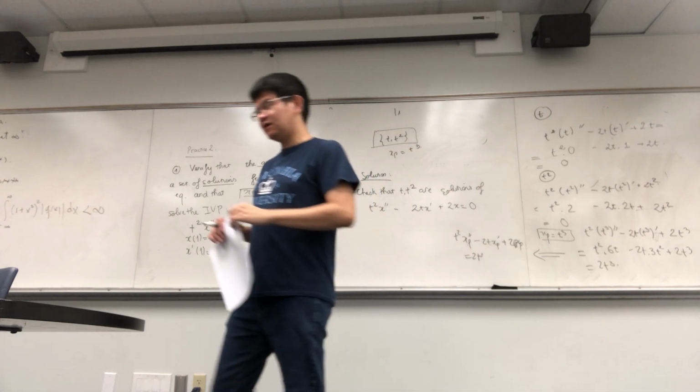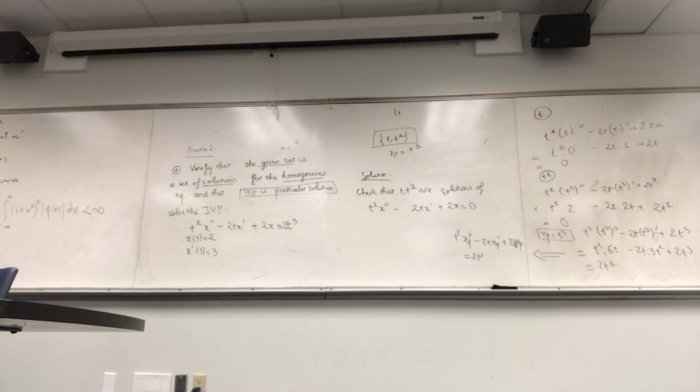So you plug xp into the equation and get 2t cubed. Basically this is the particular solution. All right. Any questions?